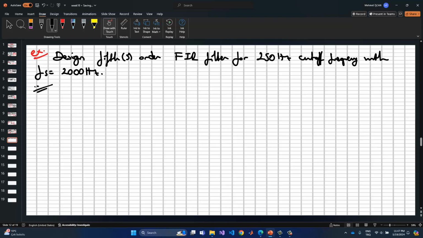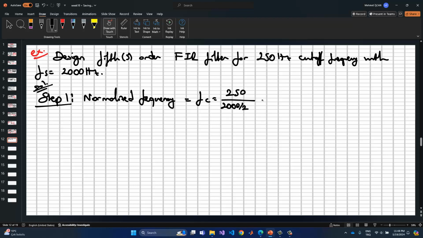And the solution. Firstly, in step 1, we need to find out the normalized frequency, which equals what? fc, 250 divided by 2000 divided by 2, which equals 0.25.